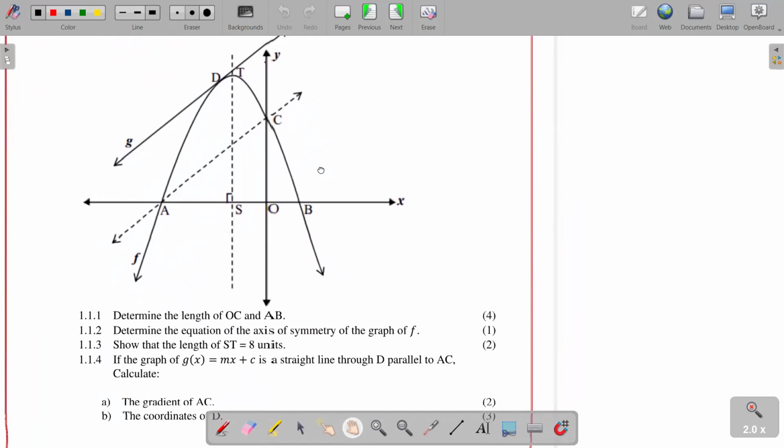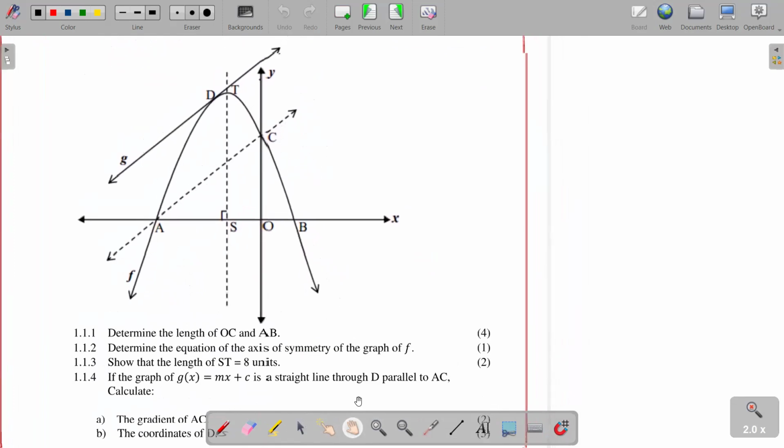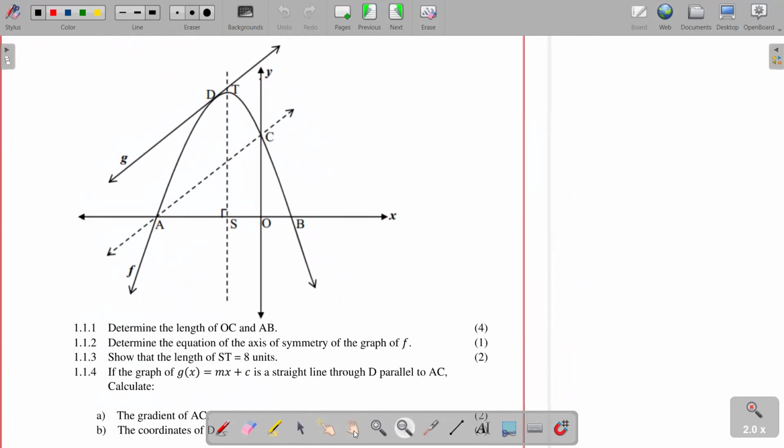Here, the first question is saying determine. Question 1.5: determine the length of OC and the length of AB.